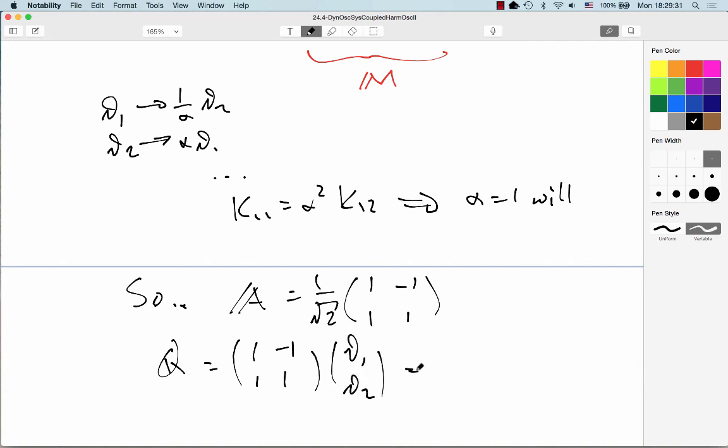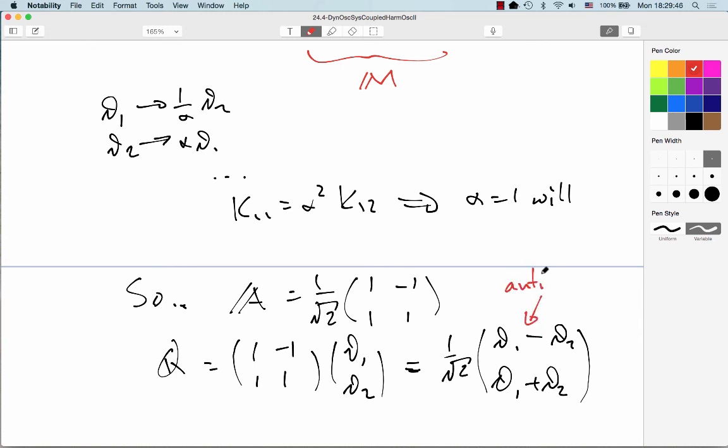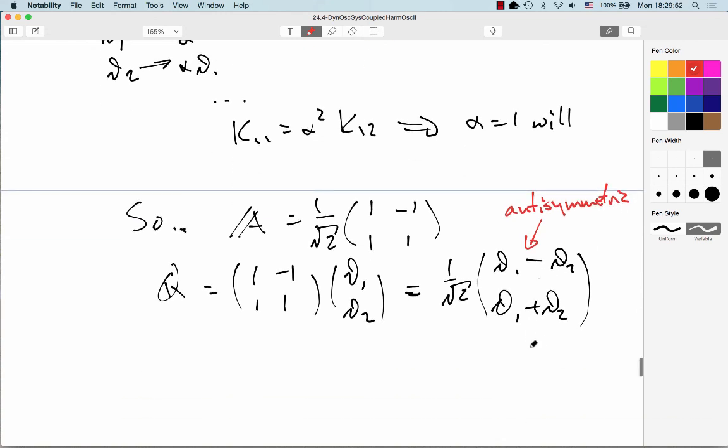So this becomes 1 over root 2, theta 1 minus theta 2, theta 1 plus theta 2. And you look at that and say, okay, this is my antisymmetric mode. And this is my symmetric mode.